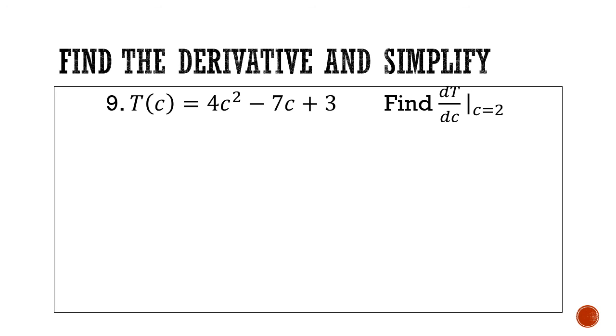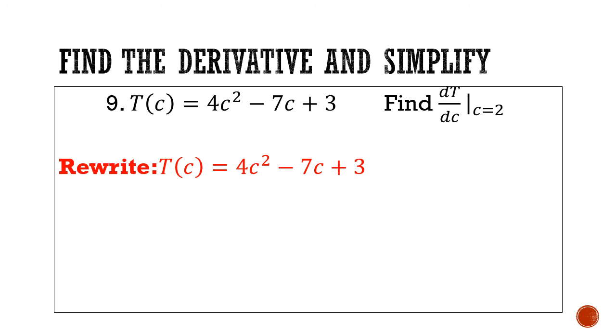So that means find the derivative of function T with respect to c when c equals 2. So first we're going to find the derivative, and once you have the derivative, we can evaluate when c equals 2. So we don't need to rewrite. There's nothing to do here. So it's the same as the problem.